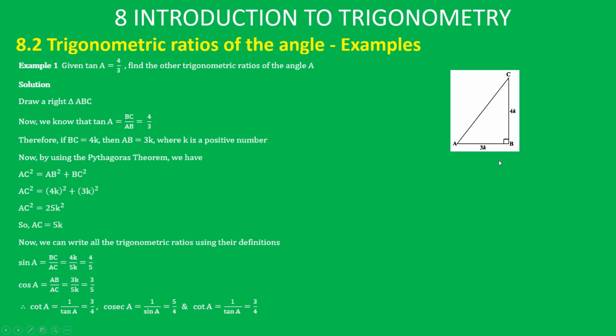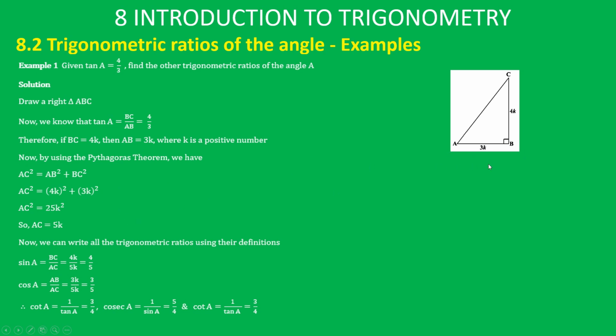BC by AB is equal to 4 by 3. We are maintaining the same ratio, not proportion, sorry. Given the trigonometric ratio is 4 by 3, 4K by 3K is nothing but 4 by 3, which is 4:3. Yes, we are maintaining the same ratio.